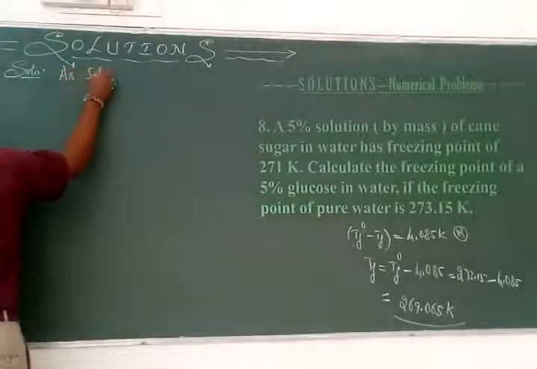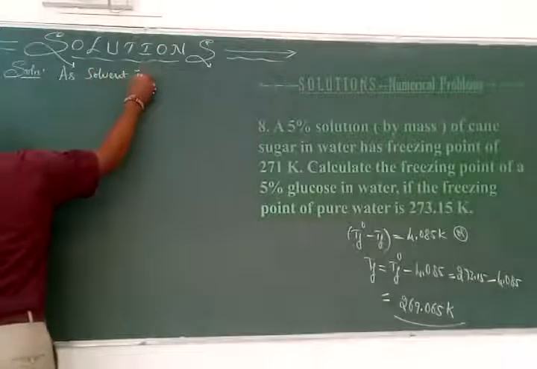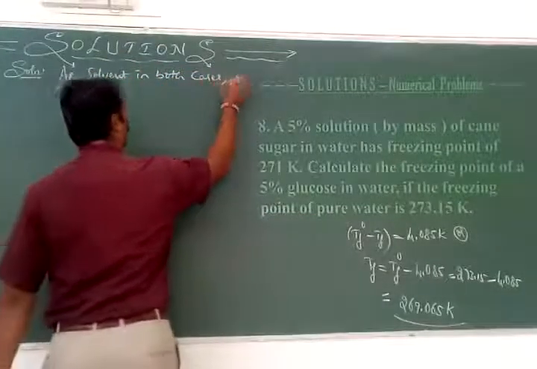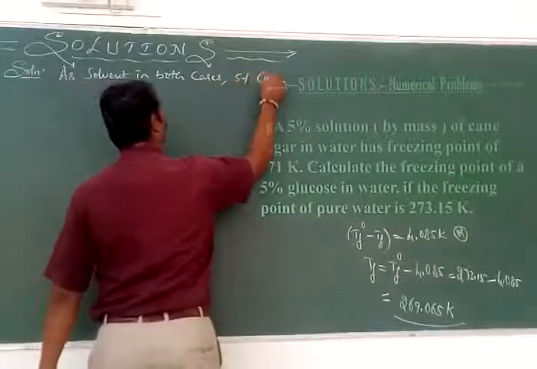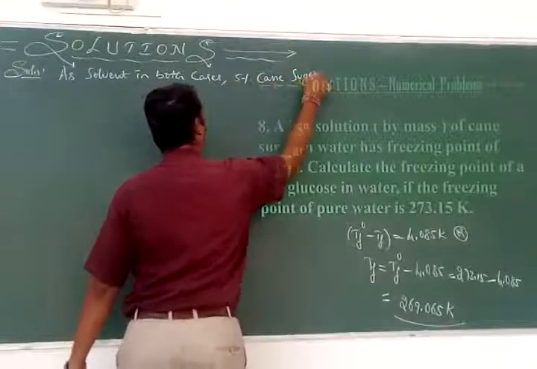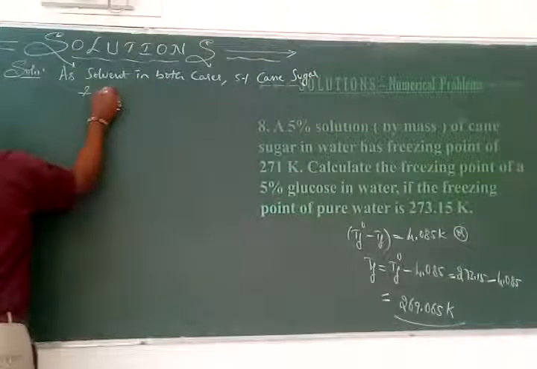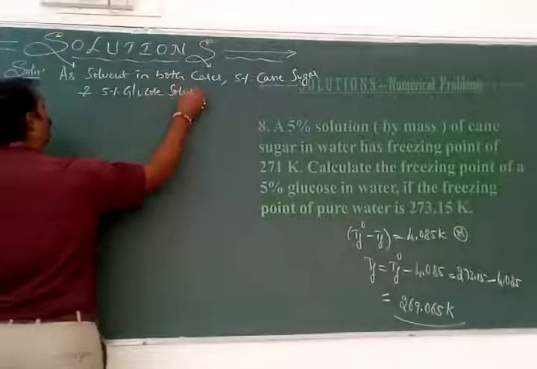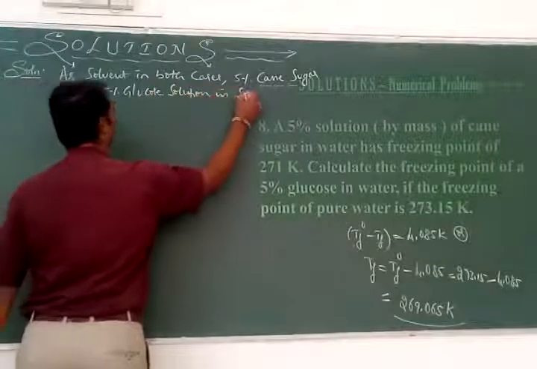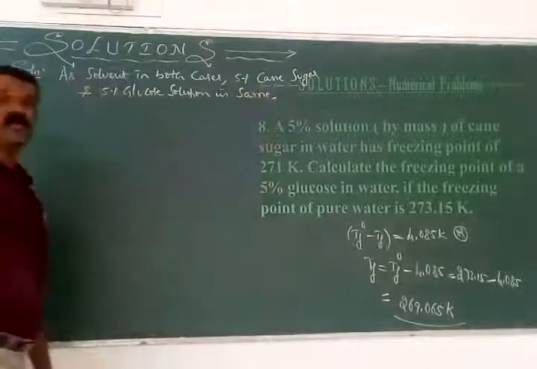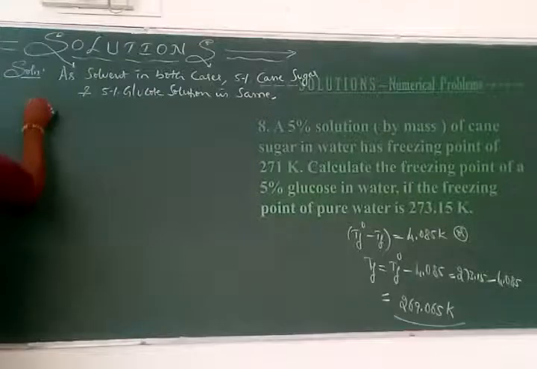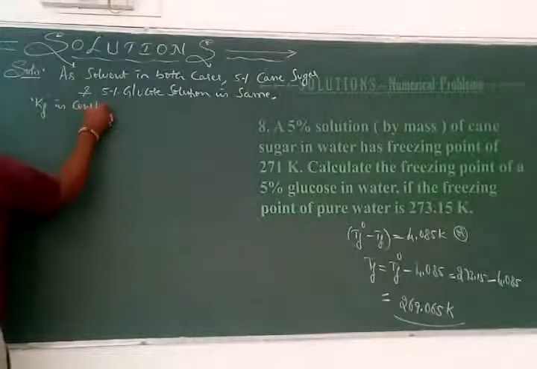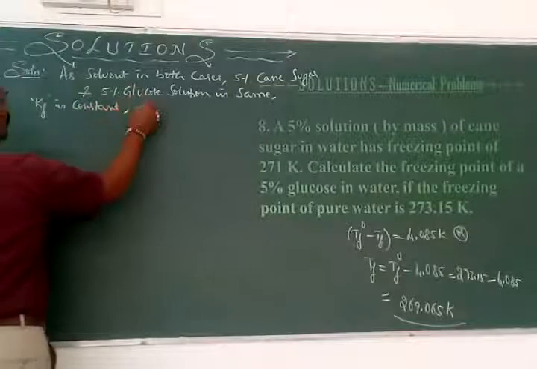As the solvent in both cases, that is 5% of cane sugar and 5% of glucose solution, is the same, Kf is constant.